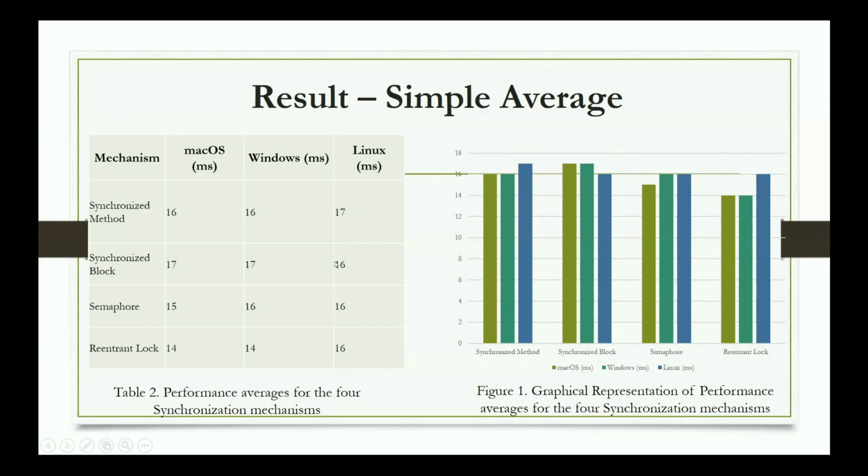So we see that reentrant lock exhibits the lowest time across all platforms. It's 14 on Mac and on Windows, and about 16 on Linux.